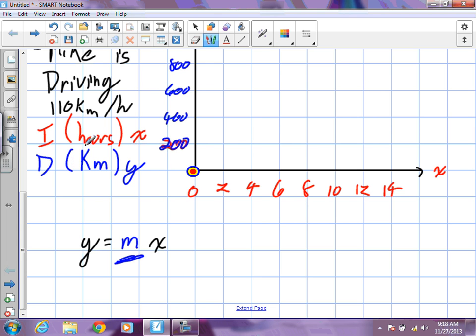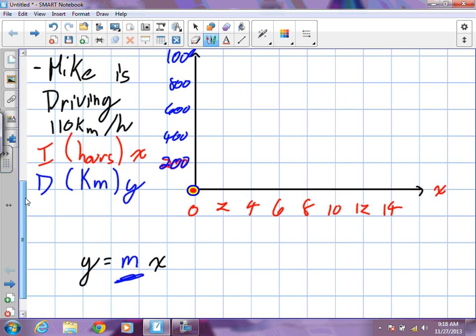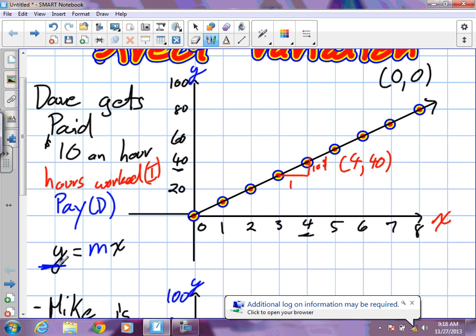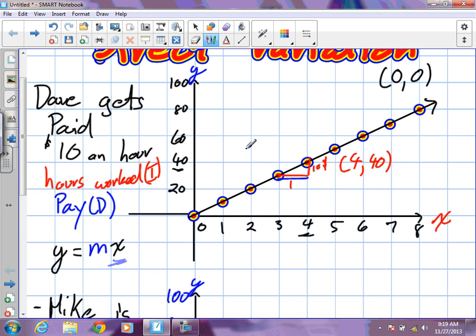And in our very first example, if I was to make an equation out of it, we'd have y is equal to, and again, we've got to figure out m, x. So this represents how much our y is changing relative to x. So every time we went over 1 on x, how much would our y change? How much did we go up?